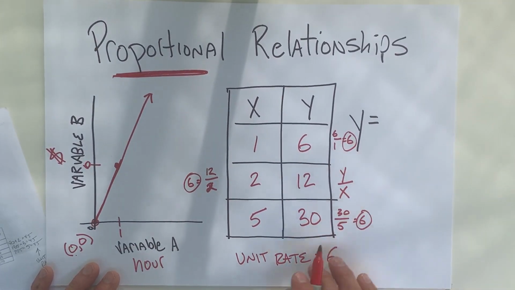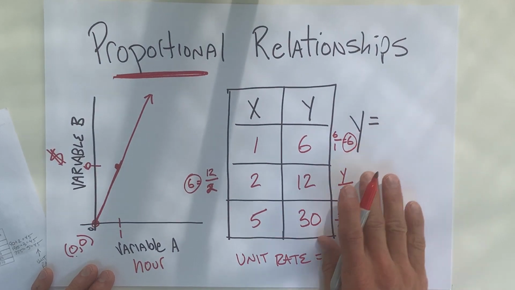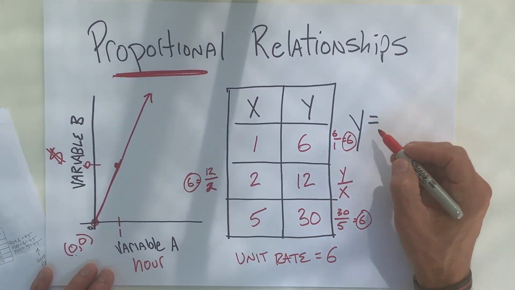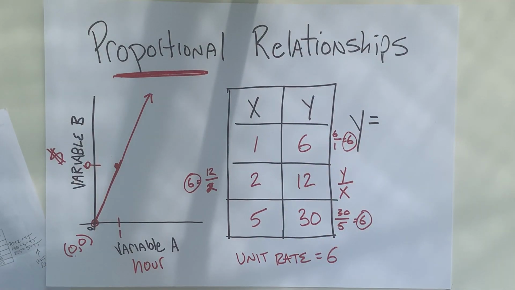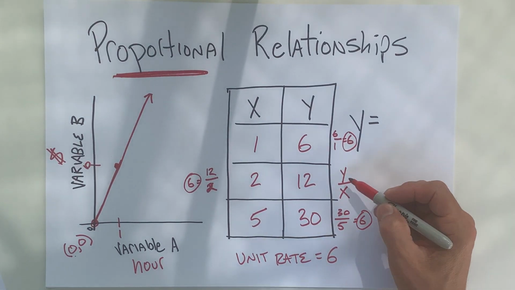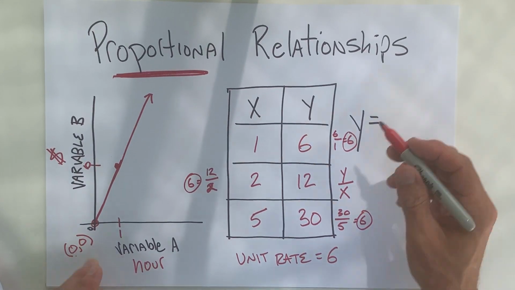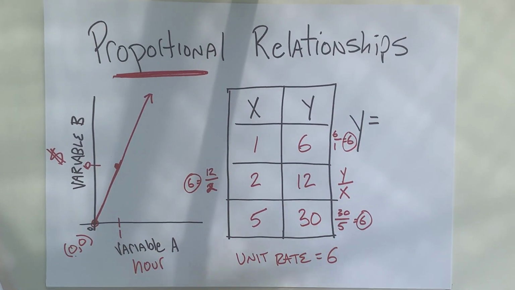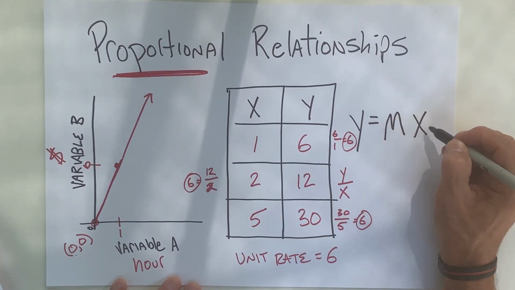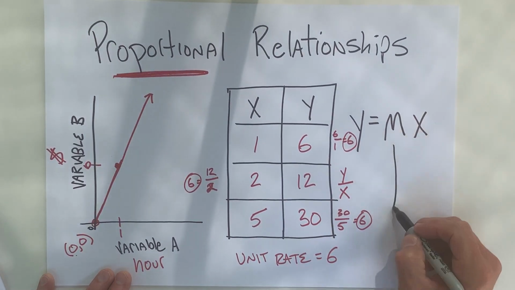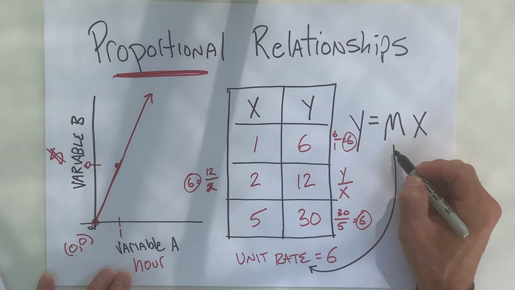And then finally, when you're creating an equation that describes a proportional relationship, you first calculate the unit rate, which we've done by dividing y over x, and then you write an equation in the form y equals mx. Very, very simple. And the m stands for unit rate.